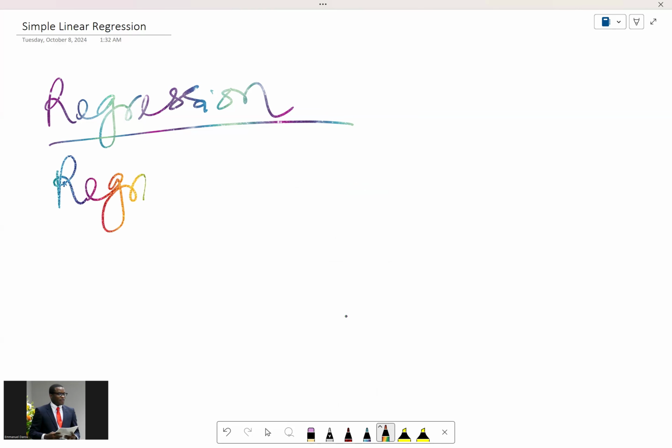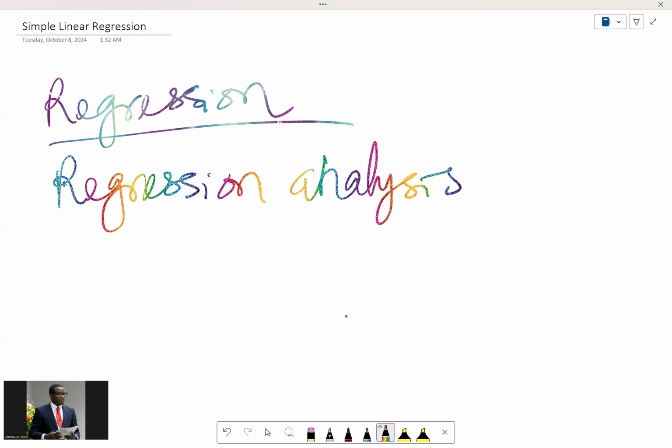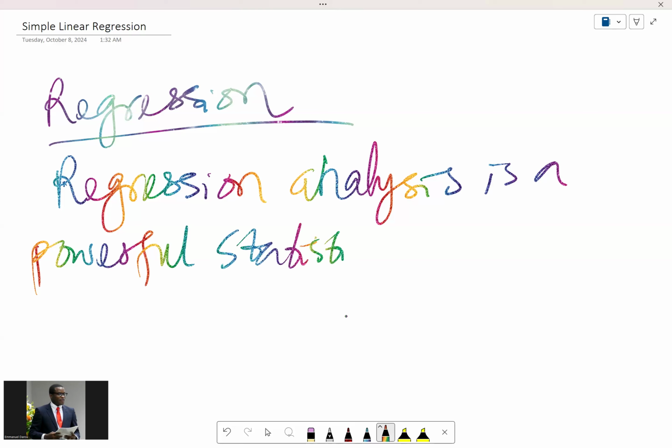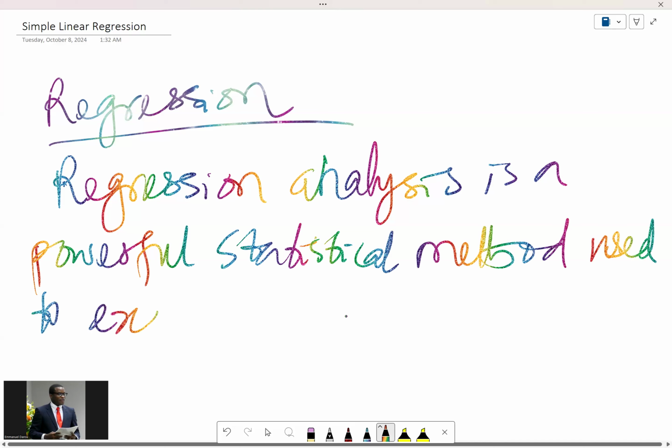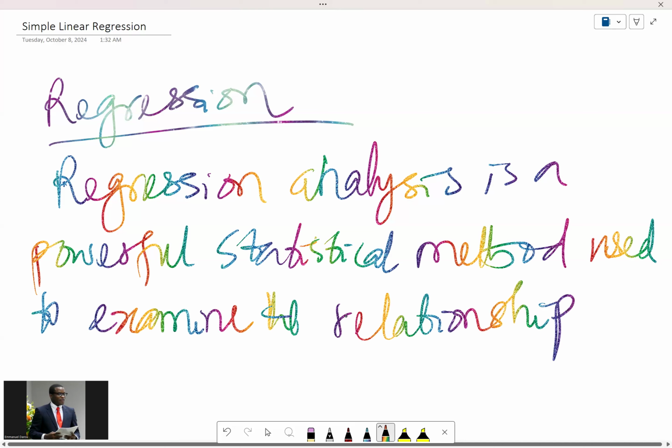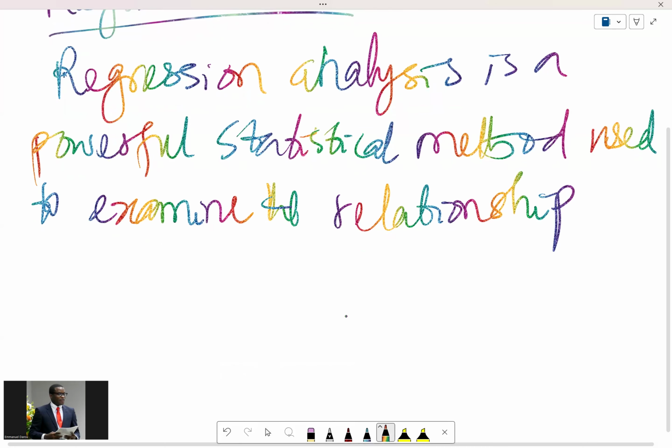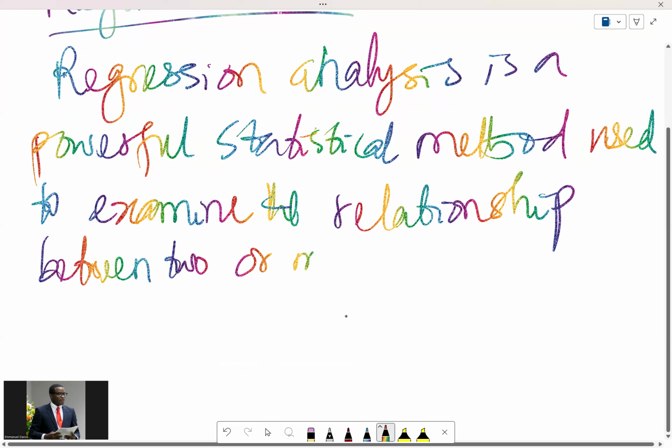Regression analysis is a powerful statistical method used to examine the relationship between two or more variables.